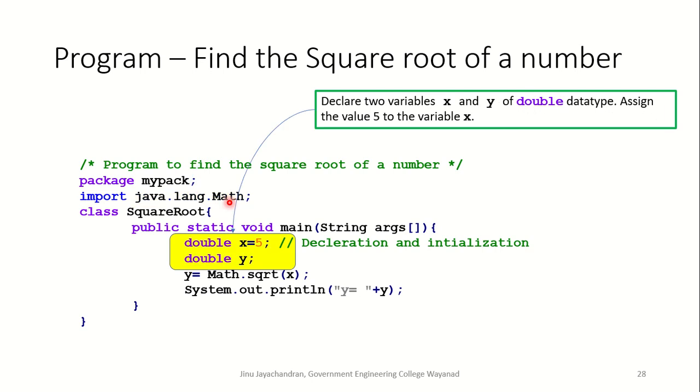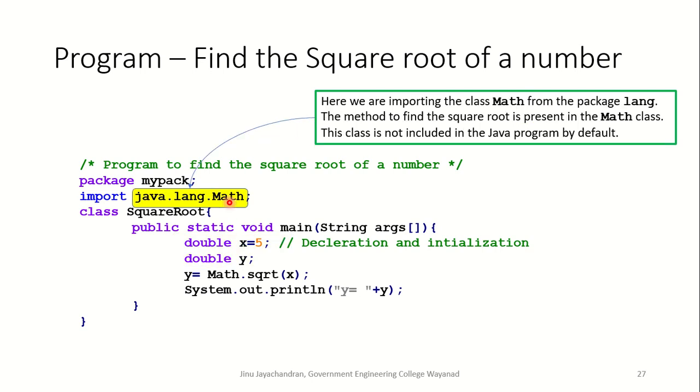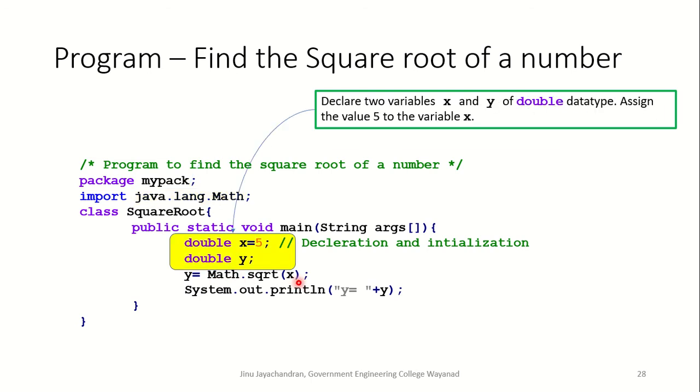Now why are we importing? Because we have a function called sqrt in this class called Math, which can be used to find the square root of the number x. Then we declare two variables, x and y, which are both double, and x is assigned the value 5.